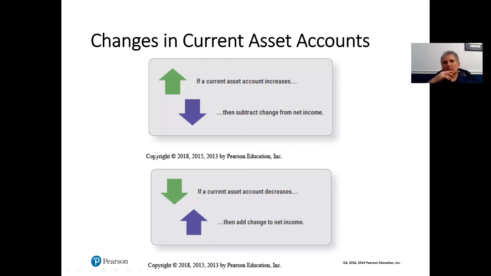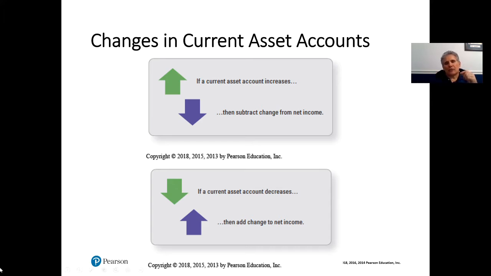The next thing we're going to do is look at changes that occurred in current assets. Do they go up or down? If a current asset goes up, then the result will be a decrease or subtraction from net income on the statement of cash flows. So it's an inverse relationship. If a current asset goes up, the impact on the statement of cash flows is a reduction or subtraction.